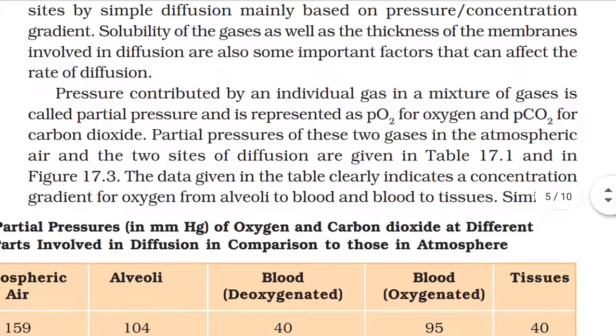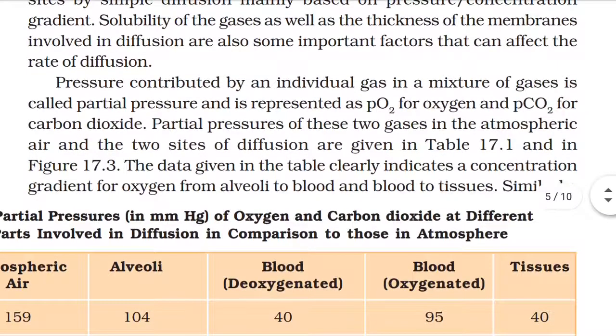If the gases are very soluble, they will go faster. If the membranes are thin, the gases will diffuse very fast. If the membranes are thick, it takes time to pass the gases.